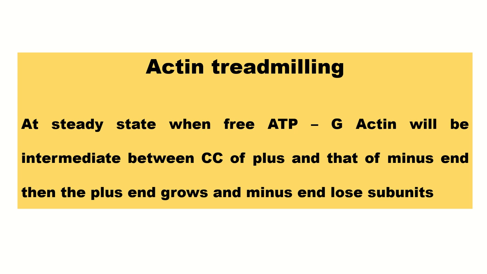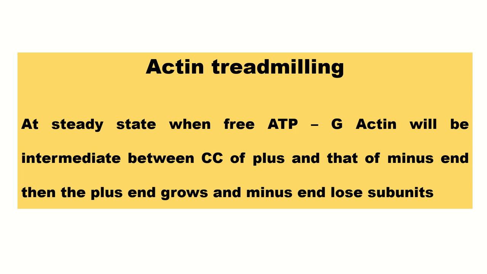G-actin bound ATP is intermediate between the critical concentration at the growing end and the critical concentration at the minus end, then the positive end will grow. This means when will the positive end grow?